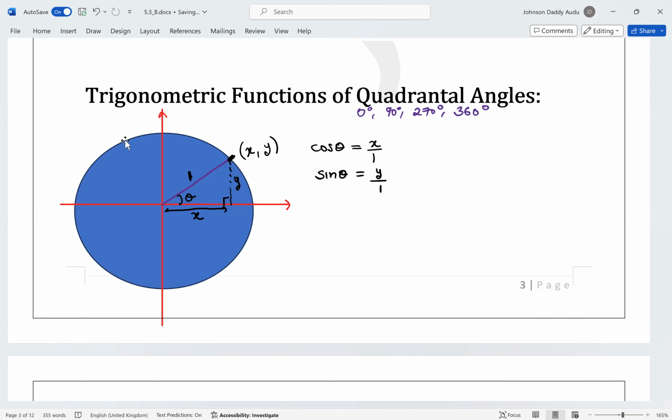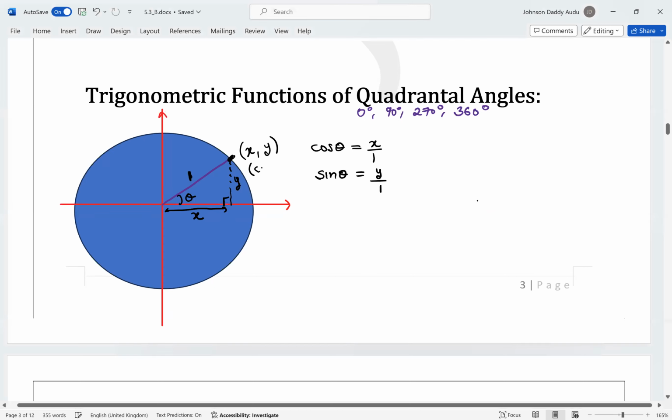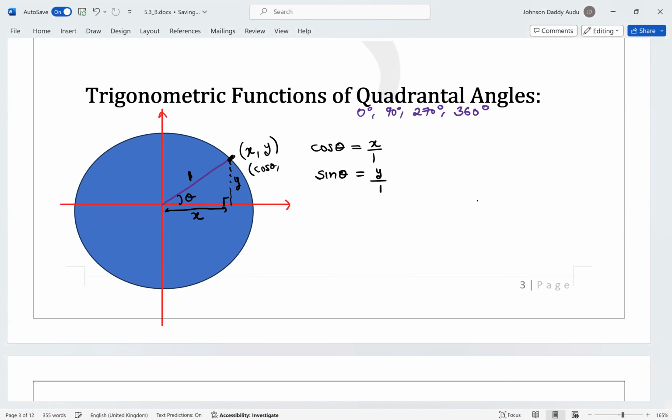It means that any point on this unit circle, instead of x, we can replace x with cosine theta, and y with sine theta. Any point with x and y can be written in the form cosine theta, sine theta, right?